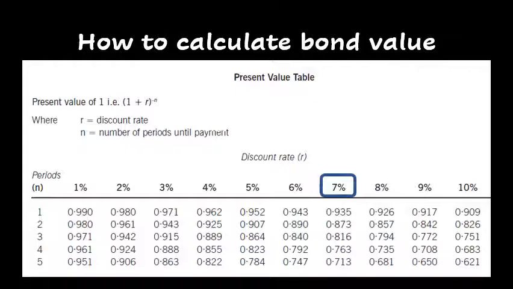In this case, the bond is annually compounded and the period is 5 years, so N is equivalent to 5. So we will use the factor from period 1 at 7% of 0.935 for annuity year 1 and so on until year 5 of 0.713.